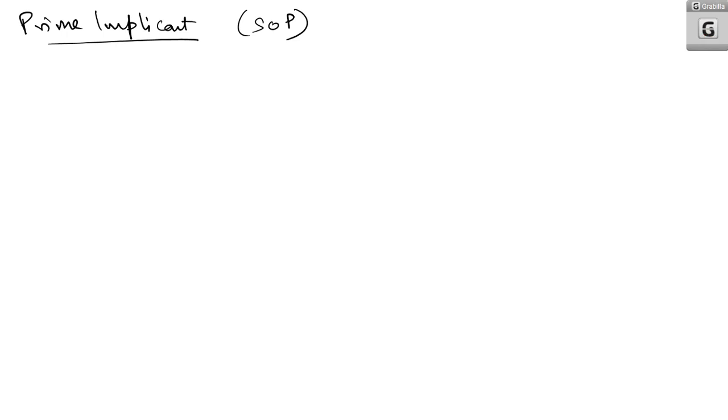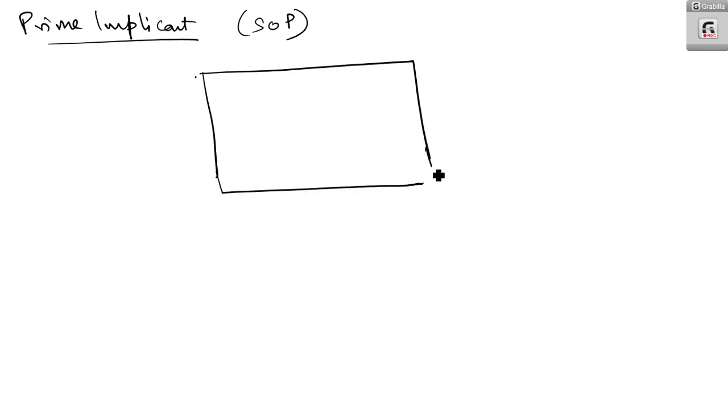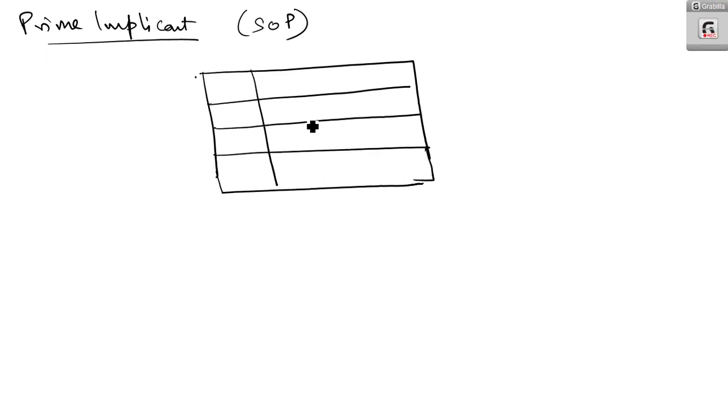Okay. Now consider a KMAP in SOP form. For example, I am considering a 4 variable KMAP with some ones like this.